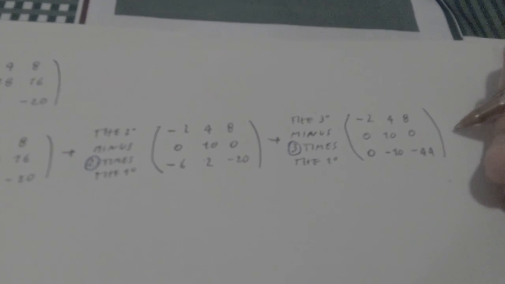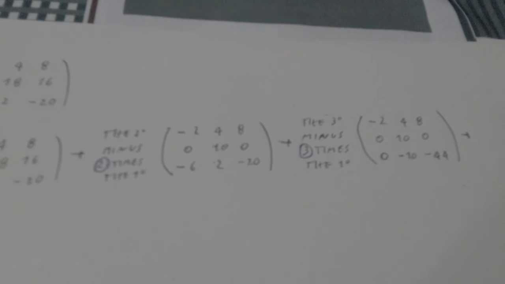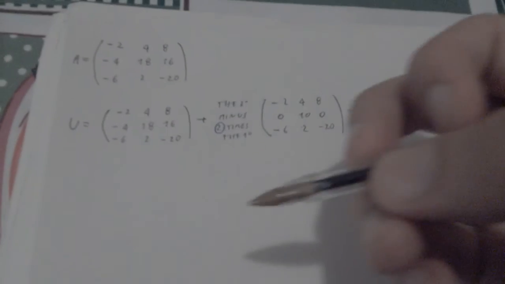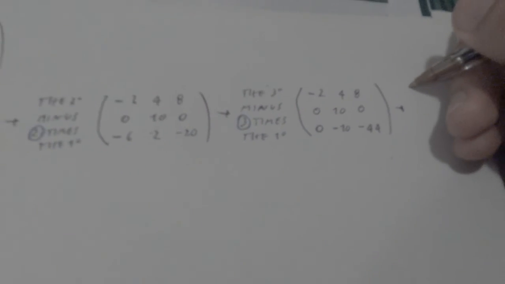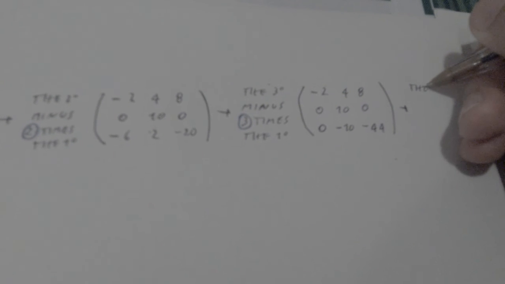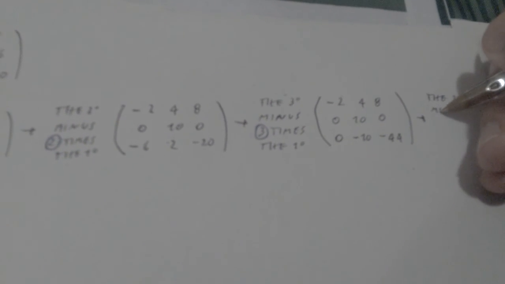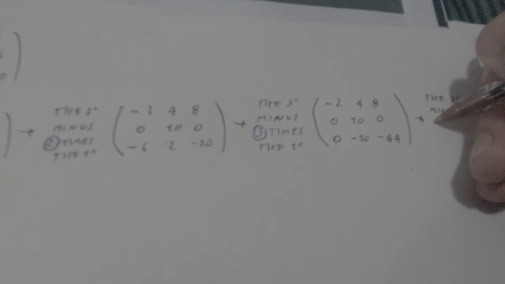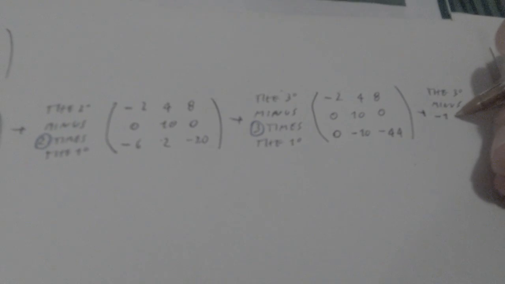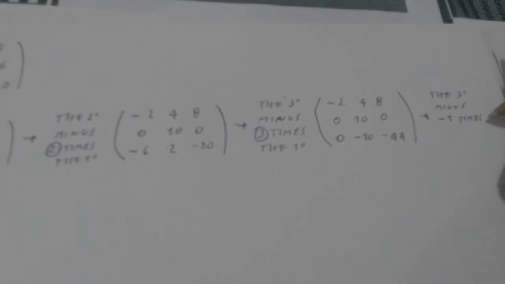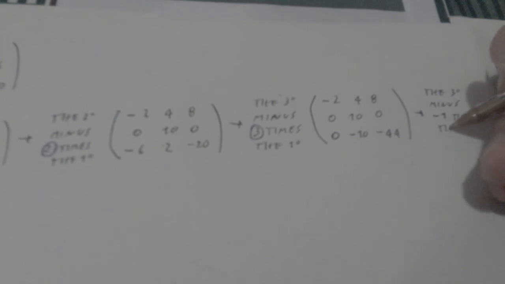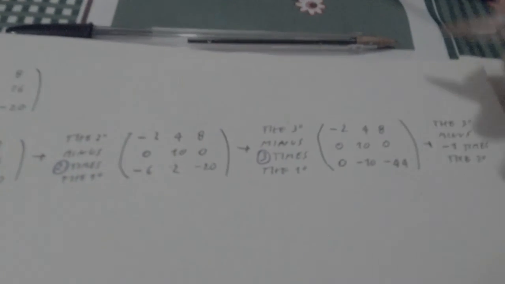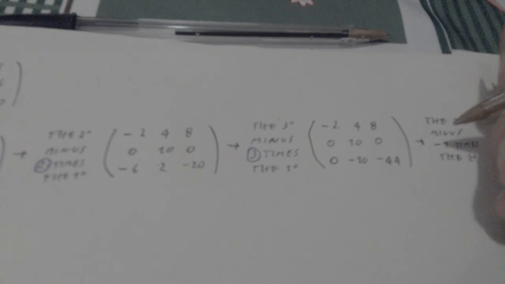I think I just have to do one more step, and this time I'm going to do the third one minus -1 times the second one. I know it may sound silly because we generally multiply and then do the other thing, but in this method we're going to keep track of the multiplicator.